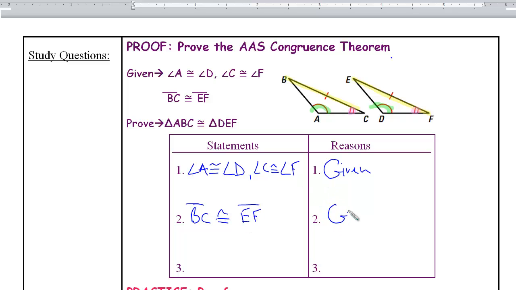That also was given. And then we have essentially what we're asked to prove here, your proof statement is usually the last thing listed. Triangle ABC is congruent to triangle DEF. Why? Well, they told me angle, angle, side, and that's the method of proof, so this would be by angle, angle, side.